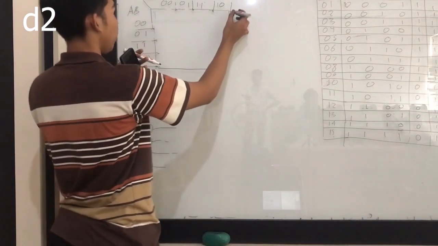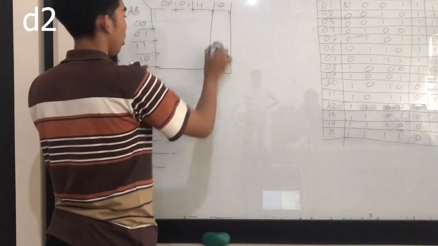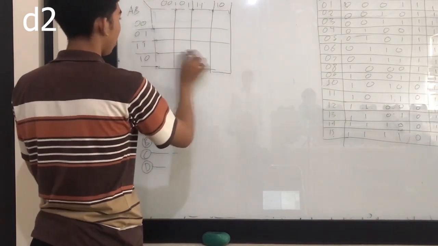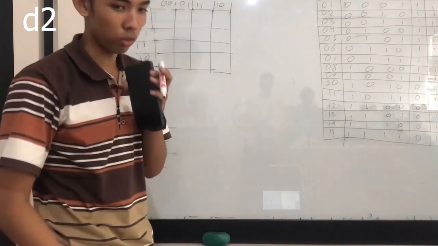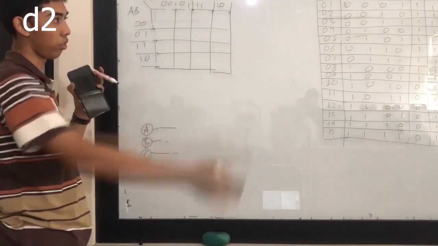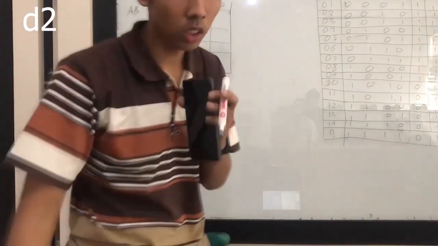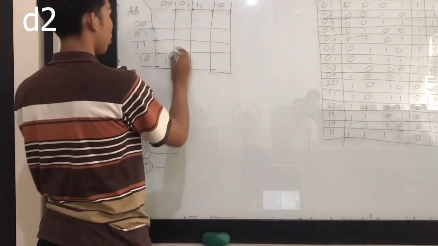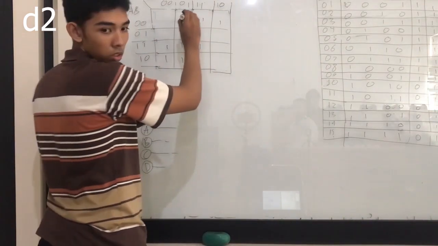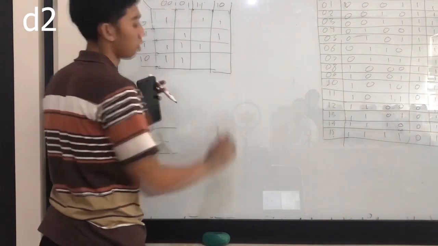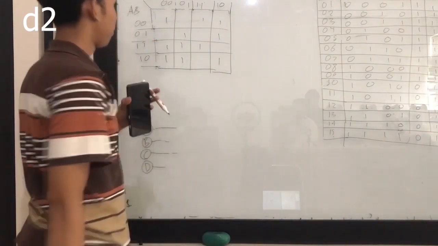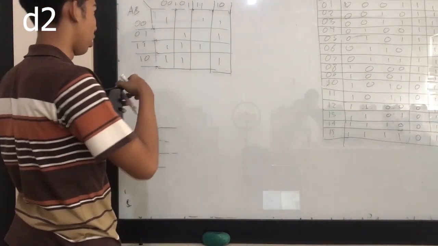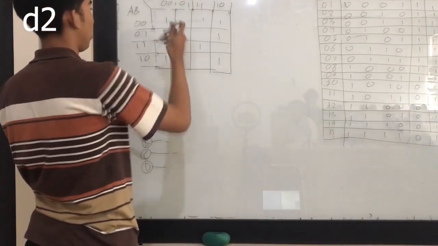Okay, now I will draw the kernel map. Let's just draw this, and we input the value of the truth table. So we should be getting like this. Okay, let's now identify the group.